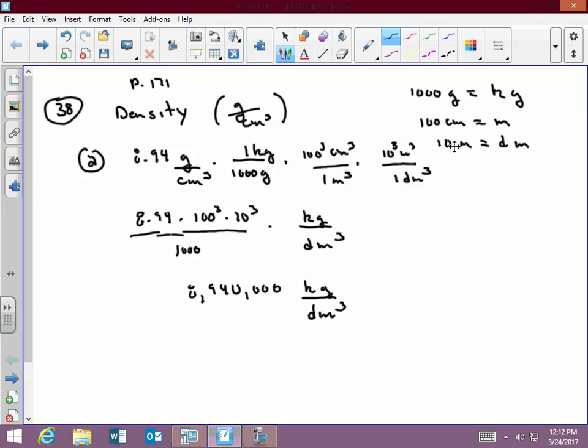I don't know. I don't think the 10 would be cubed, right? If it's just 10 times. Well, you got to get decameters cubed because it's got to be in that. Because it says they want it in kilograms per decameter.